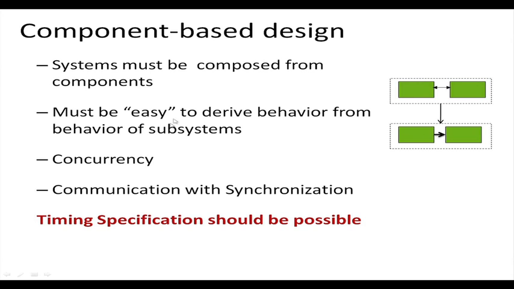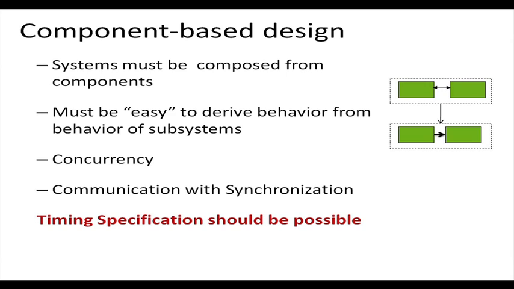So, the entire behavior consists of components. That is one important thing. We should be able to show the concurrency: when this one is active, this one might be active, all right. Concurrency we have to show, and communication is another important point that we have to capture in any model.